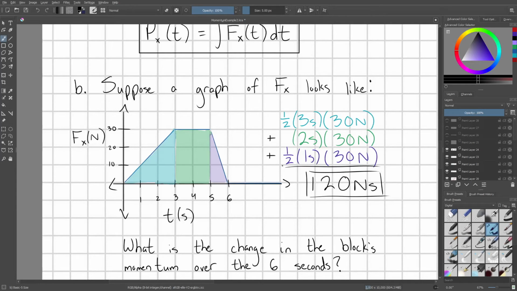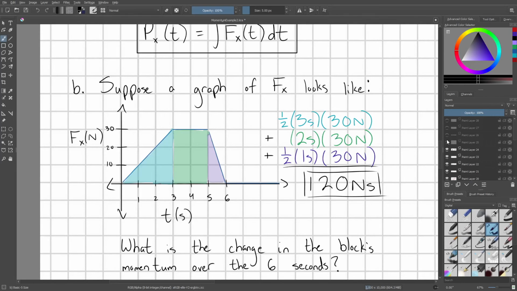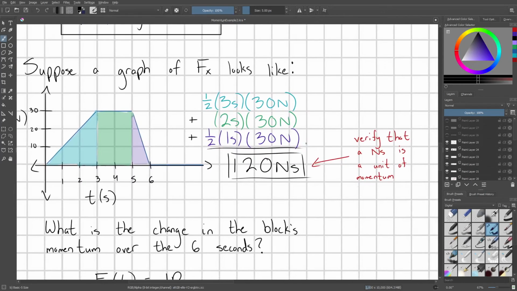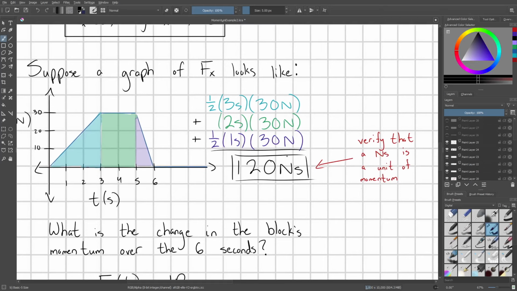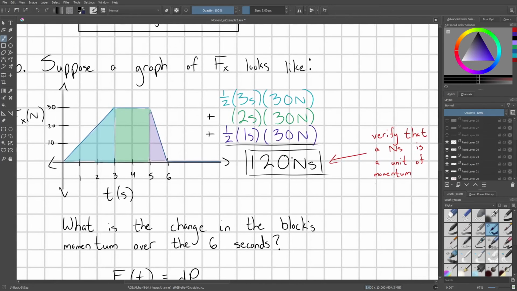We sum all of these shapes together to get the total area, and we get 120 Newton seconds. And then as a fun exercise with dimensional analysis, you can verify that a Newton second is in fact a unit of momentum, which is what we would hope for because we're just trying to find a change in momentum over the course of the 6 seconds.